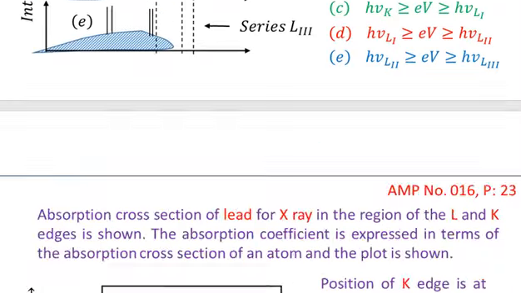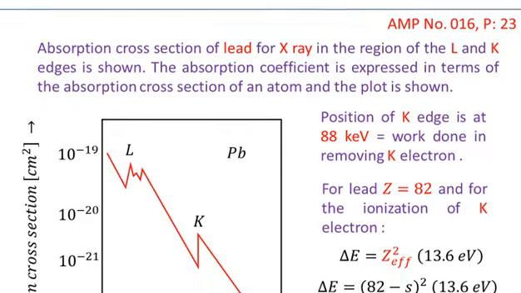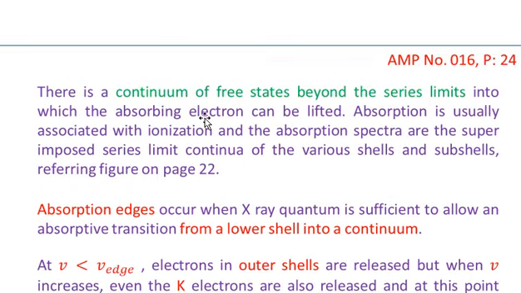So I am talking about this region where there is a continuum, and we don't have any edge peaks or edges over here. This is the continuous region. There is a continuum of free states beyond the series limit, into which the absorption electron can be lifted.